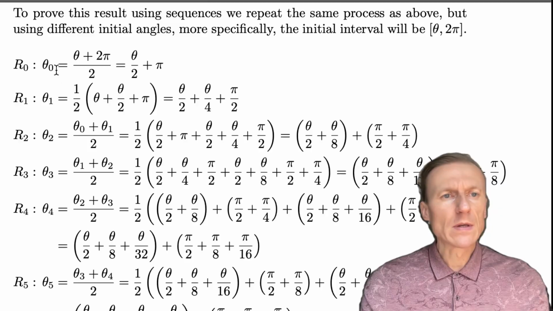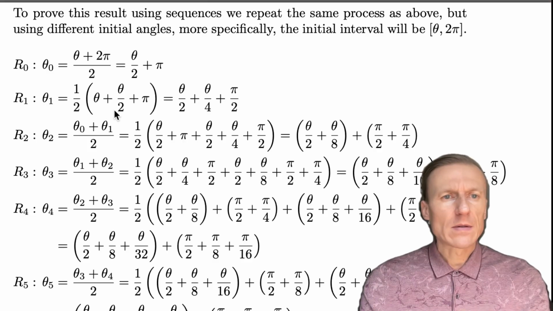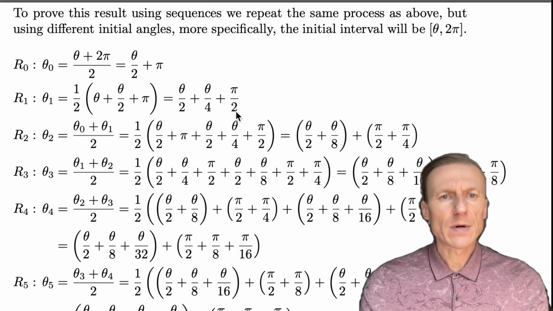So theta 0 equals theta over 2 plus pi. Theta 1 is the middle angle between theta and this first division. So theta over 2 plus theta over 4 plus pi over 2.